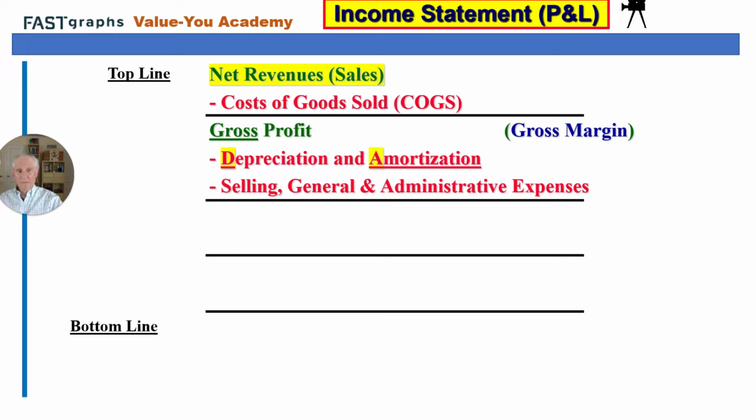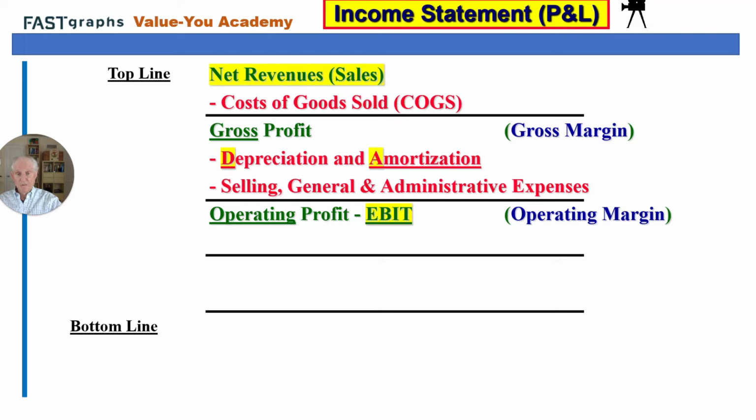Now, if you're a company that does R&D, research and development, that also has to be in operating expenses in this category. So we take off operating expenses next and come up with a very important line item called operating profit, operating earnings. Also known as earnings before you take off your interest expense and your tax expense.